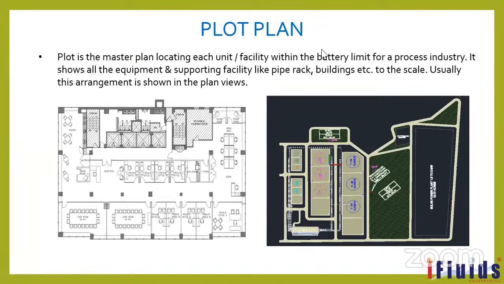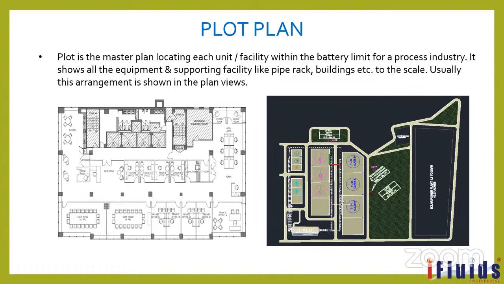In this slide, the left one is the plot plan that you have seen in residential buildings like residential apartments, offices, and the right-hand side is for an industrial one. The plot plan is the master plan locating each unit facility within the battery limit for a process industry.